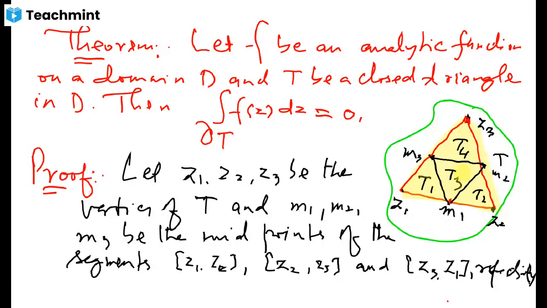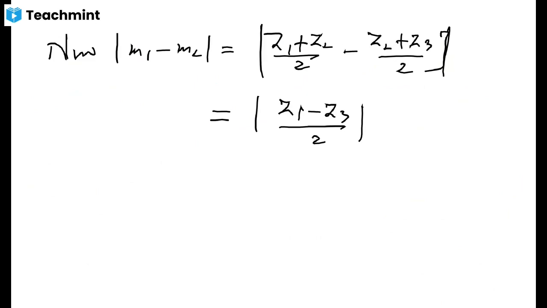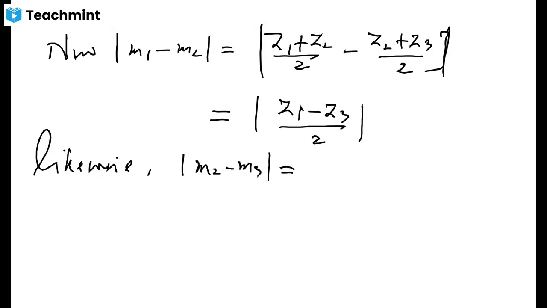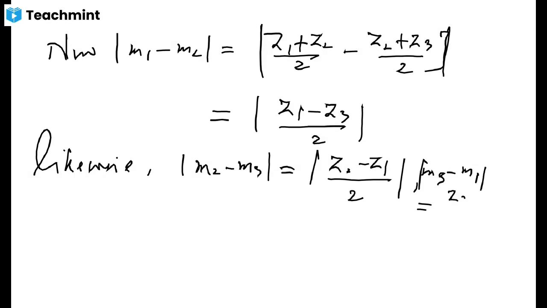Similarly, likewise, you have M2, M3. If you compute this, M2 minus M3 has to be (Z2 minus Z1) over 2, and the length of the other side, M3 minus M1, has to be (Z3 minus Z1) over 2.